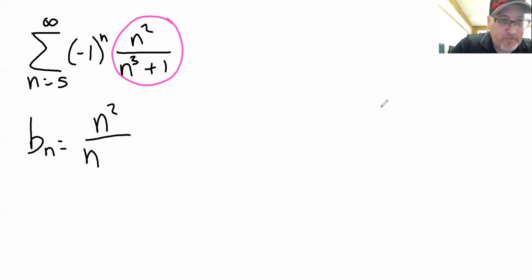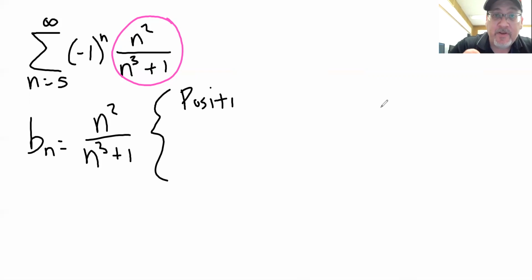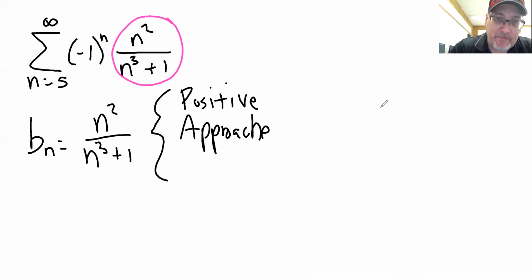So this should clearly be positive, because remember, our n's are positive, and when we remove the alternator, the remaining expression is positive. It does approach zero. I invite you to take the limit and verify that it does approach zero.